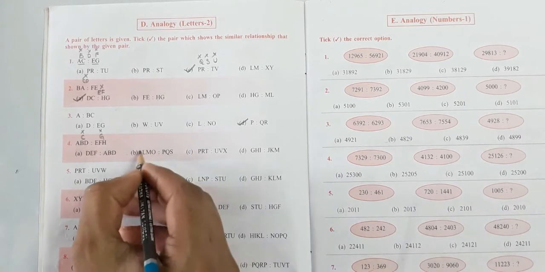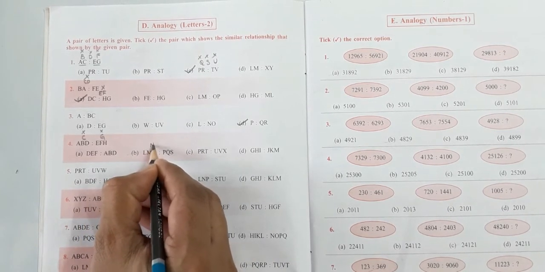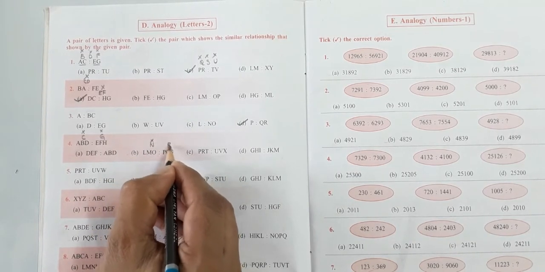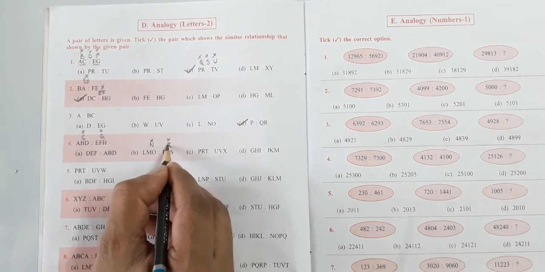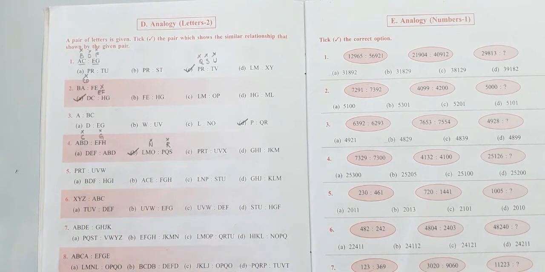Take B. L, M, N is missing. O, P, Q, R. Okay, so L, M, N, O, P, Q, R, S, continuous sequence. Hence option B. Now let us take the fifth one.